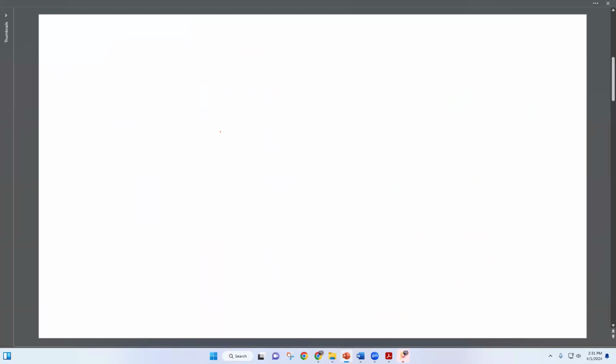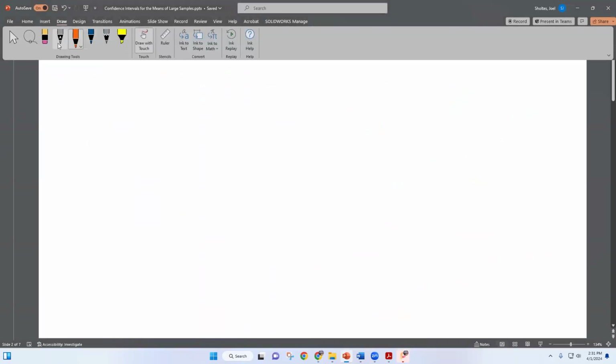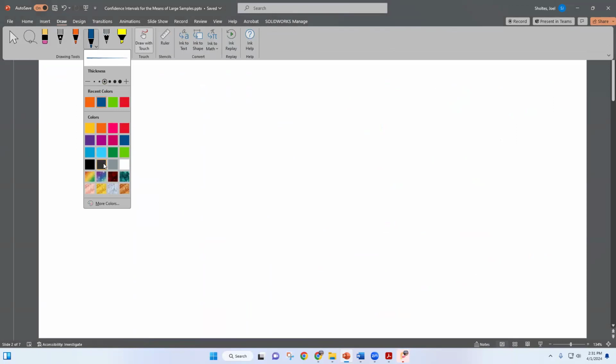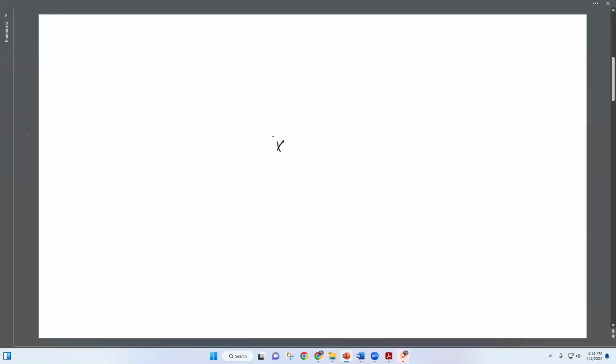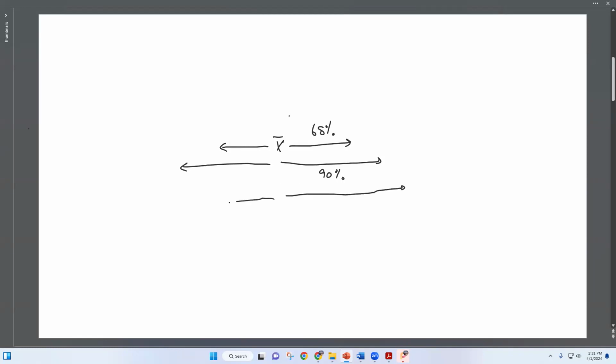So let's just review. We had first our X bar. We had our 67% or 68% confidence interval. And then we calculated a bigger one that was our 90% confidence interval. And then as we keep going in confidence, our confidence increases, our reliability increases.